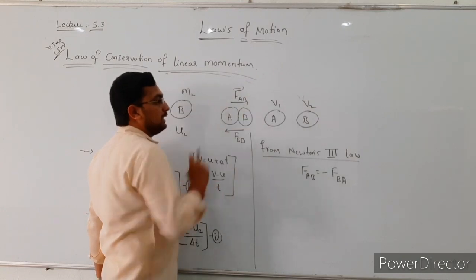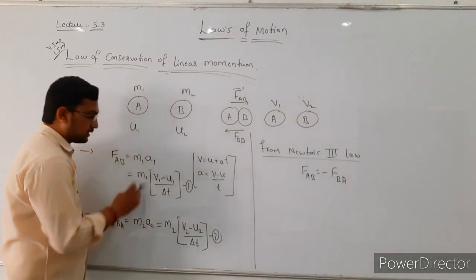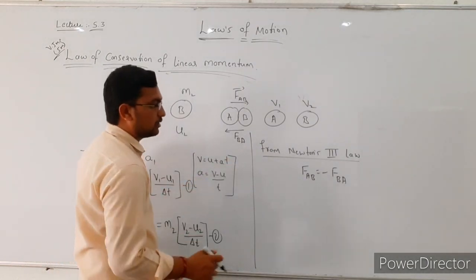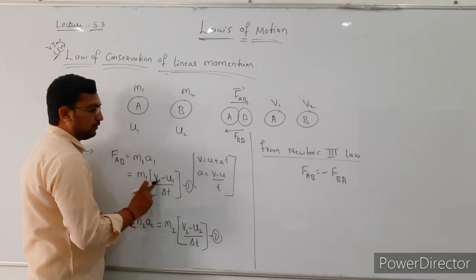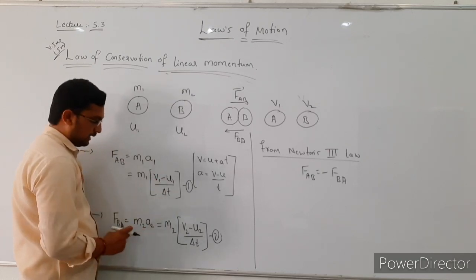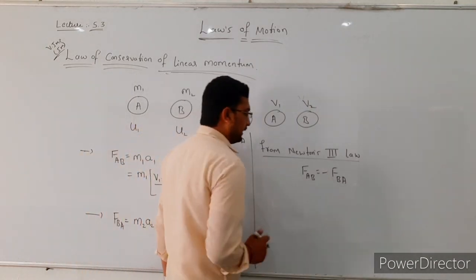One force acts in one direction and the other force acts in the opposite direction. Then substitute all the values in this equation. F of AB is m1 bracket of v1 minus u1 divided by del t, and F of BA is the other expression. Substitute these two equations.